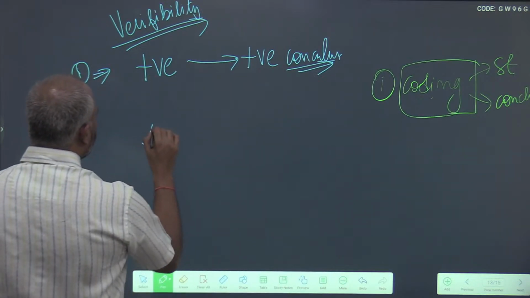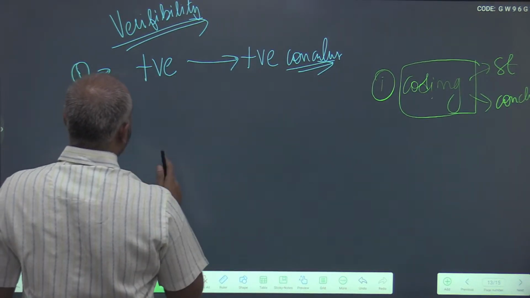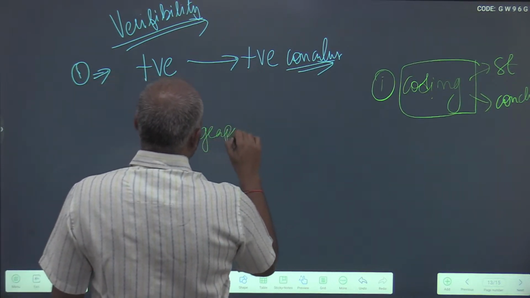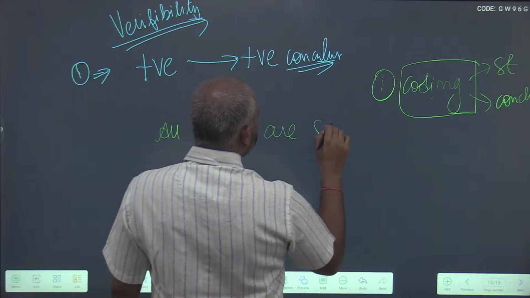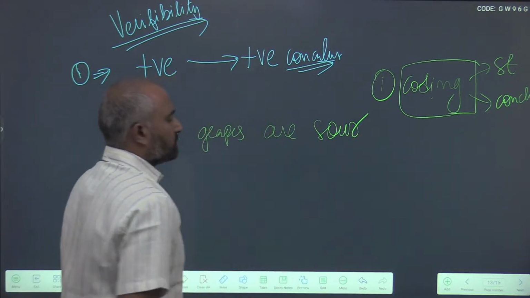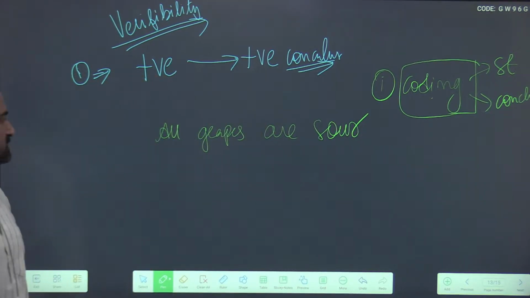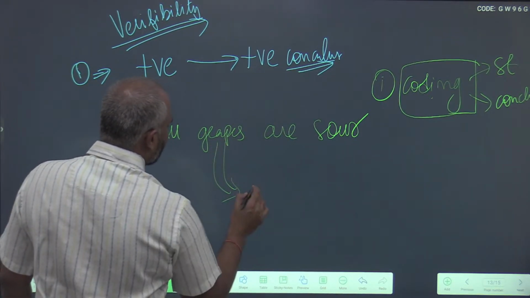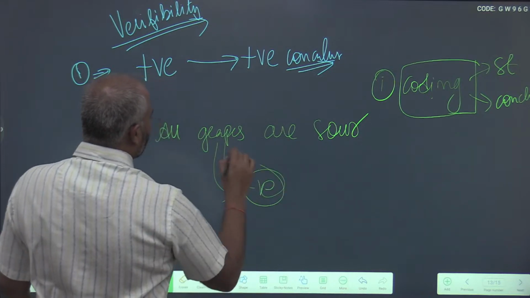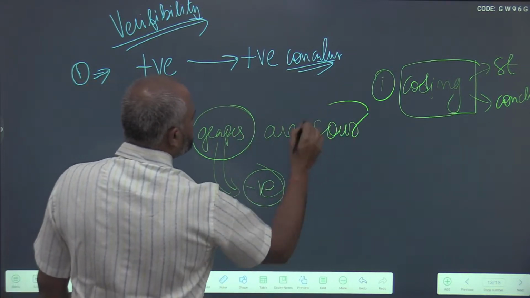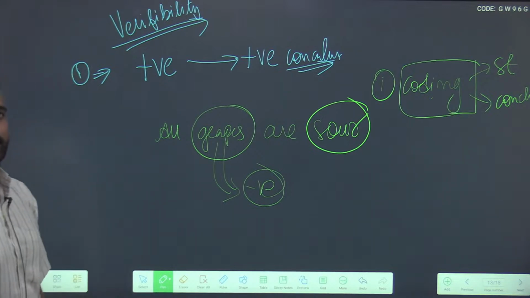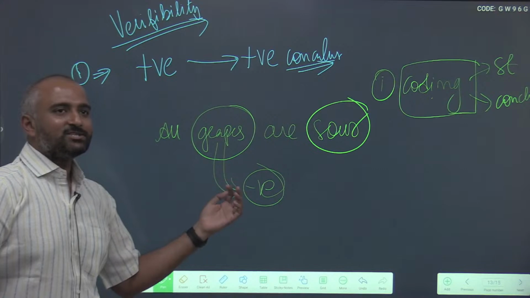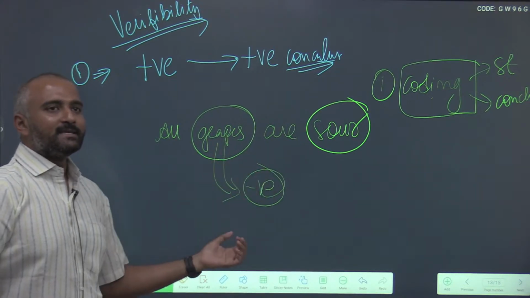For example, think of this logically. All grapes are sour. Can I get any negative statement from this, using grapes and sour? When I say every grape is sour, there is no chance of a probability existing there.